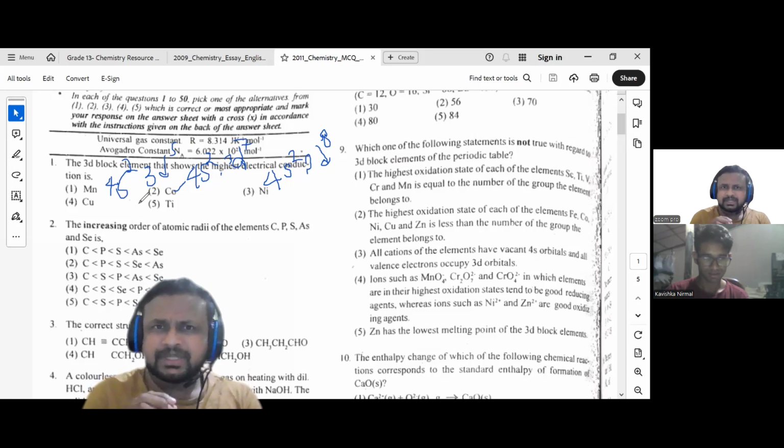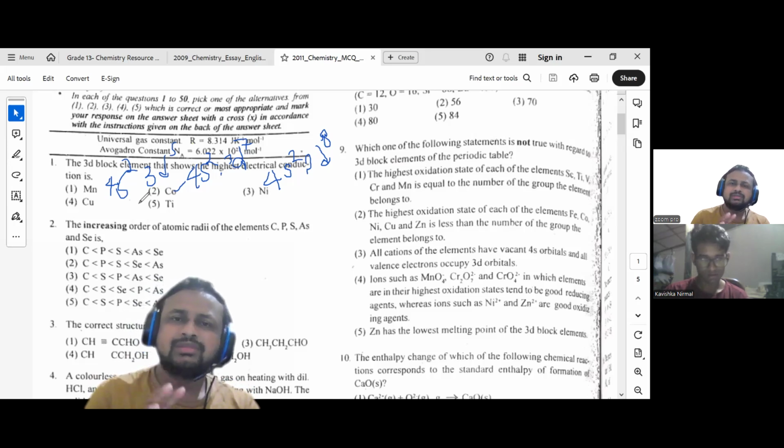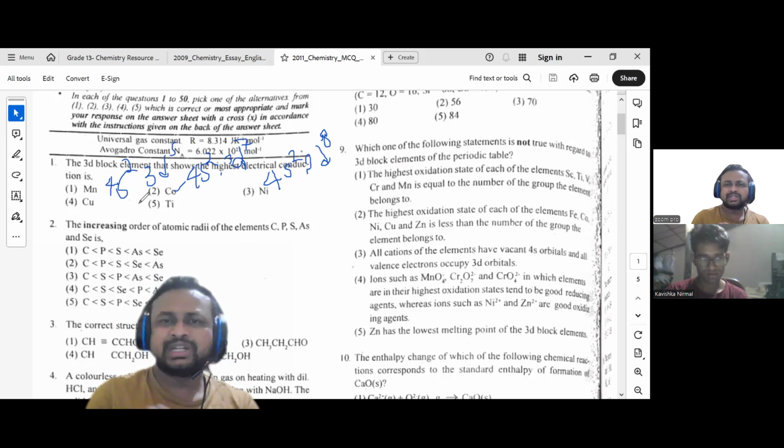The exceptions to the building up principle are chromium and copper. In copper, normally we would fill 4s2 and 3d10. But to gain stability, 4s loses one electron and d gains one electron, giving 4s1 3d10.